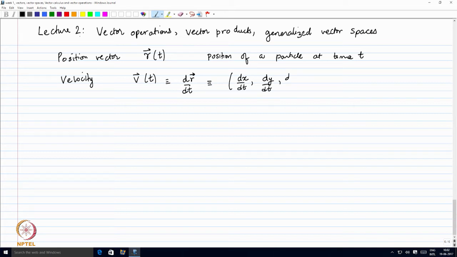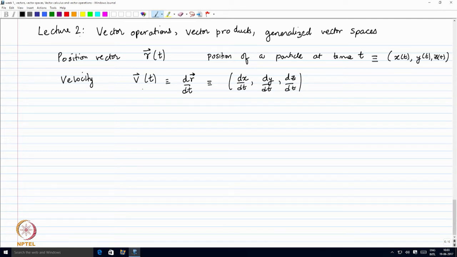So, it is a vector where each of the components is a time derivative. Your vector r, in 3D space, is x of t, y of t, z of t. It has 3 components x, y and z, and each of them is a function of time.